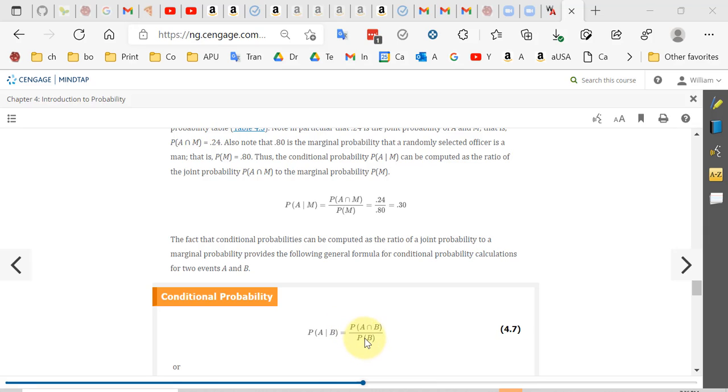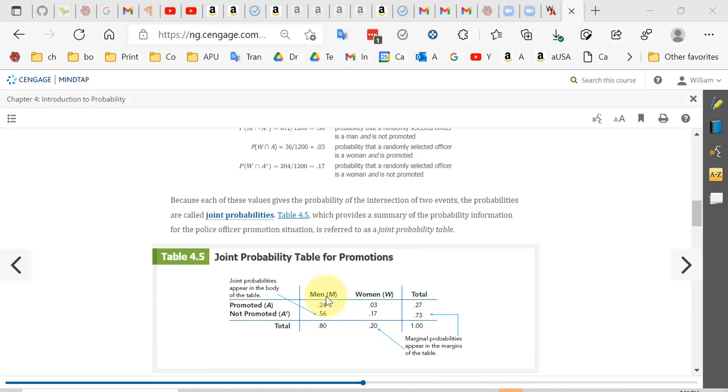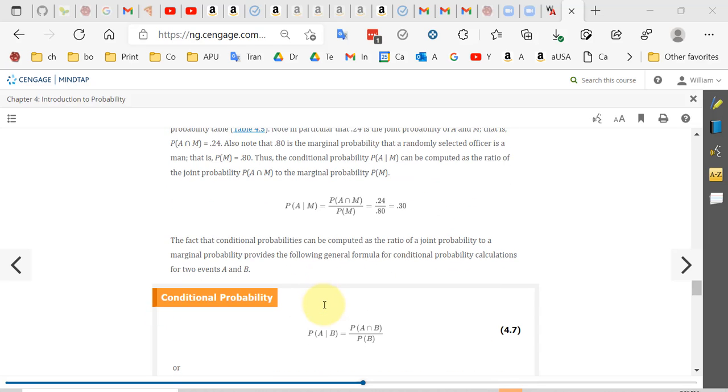So we can just figure these things out. What's the probability of A given M? We just take the probability of A intersect M. Remember, we called that the joint probability of A and M. We actually calculated that, and it was 0.24, there it was. And then we divide by the probability of M. Remember, we called that a marginal probability.